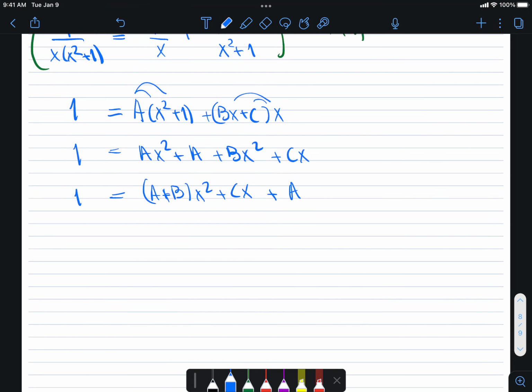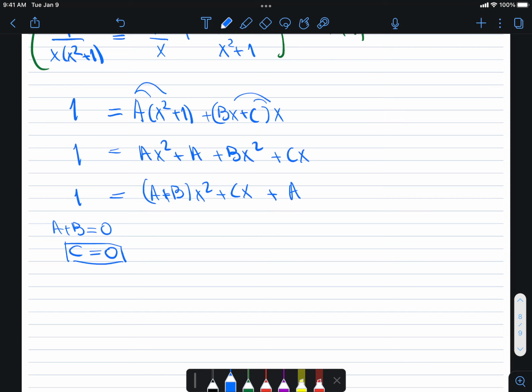So how many x squareds do you have on the left side? None, right? So that means there can't be any x squareds on the right side either. So a plus b has to be 0. How many x's do you have on the left side? None. So you can't have any x's on the right side either. So c needs to be 0. We've started to find some information already, so we know c is 0.